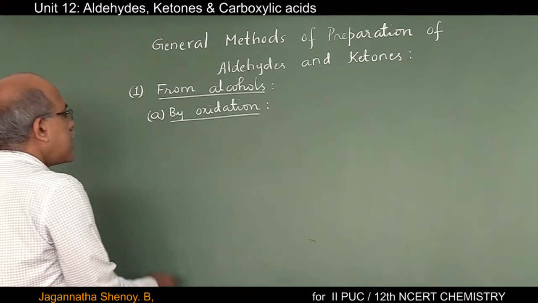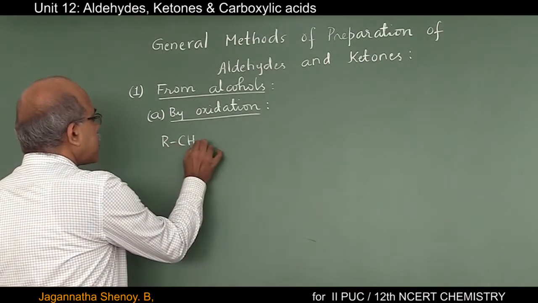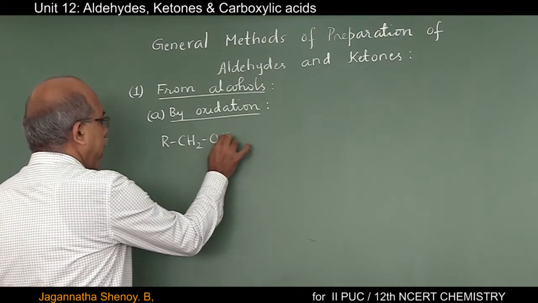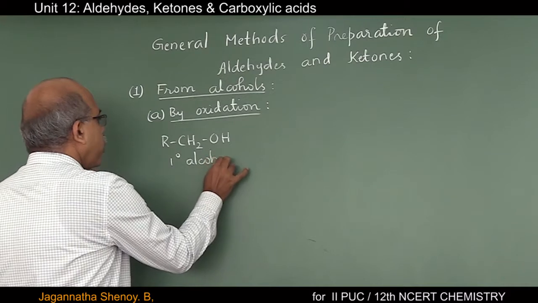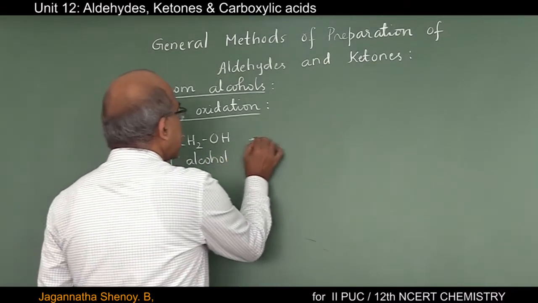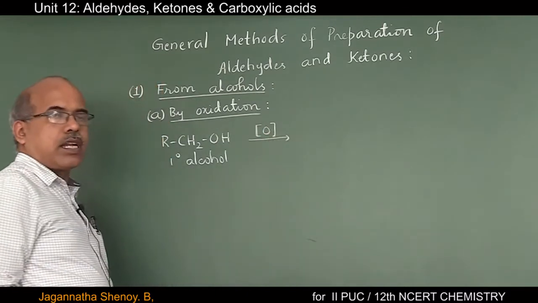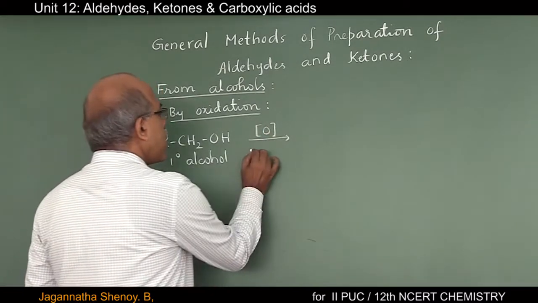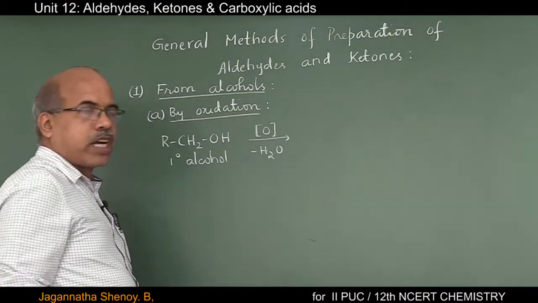Here I'll start from a primary alcohol, RCH2OH. Primary alcohol. I'm going to subject it to oxidation. When I subject it to oxidation, remember it loses a molecule of water. And what is the product we get?